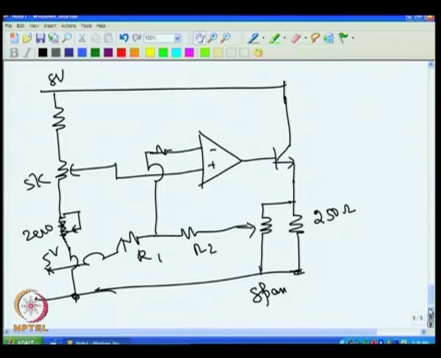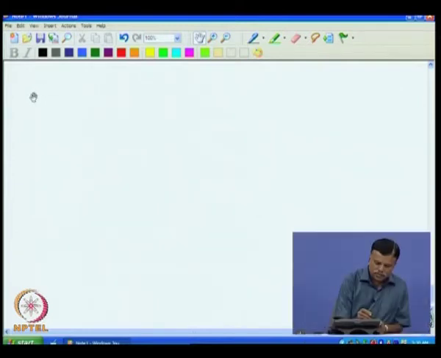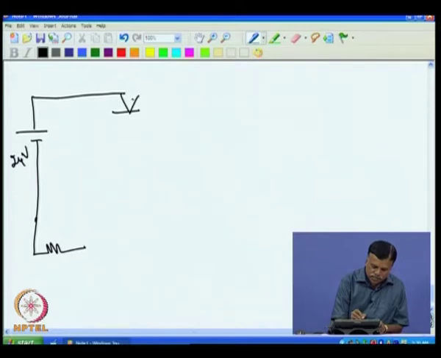Now, if you look at the entire circuit in one go, it looks like this. You have a supply, say 24 volt, then we have our sensing resistance, then the first input part will be a voltage regulator.